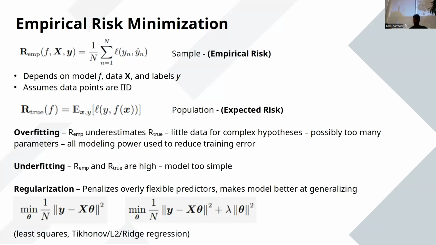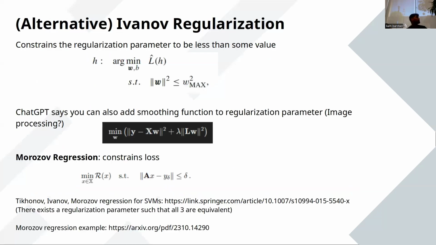And in fact, that's a great segue into my next slide. In the further reading part of this chapter, they talked about Ivanov regularization. I'm really sorry for how that looks for the people here.